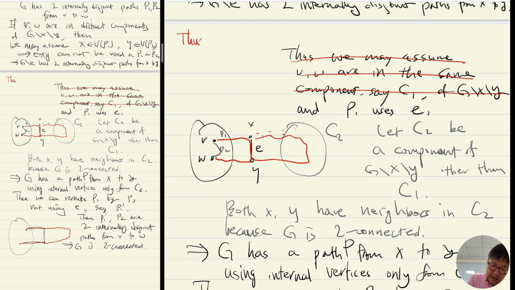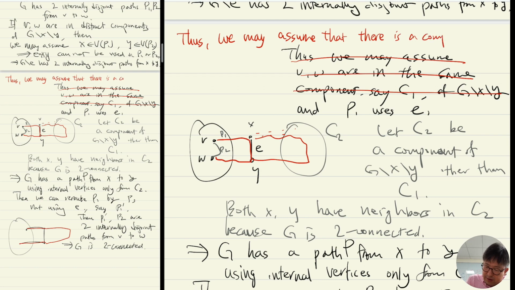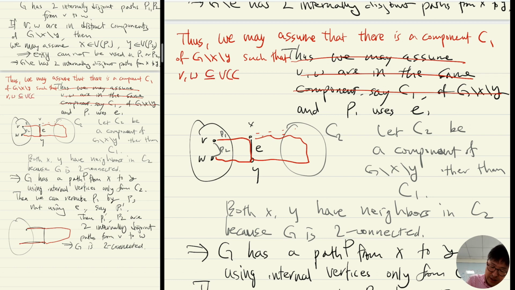So here, thus we may assume that there is a component C1 of G delete x delete y such that both v, w are in V(C1) union {x, y}. It is possible that x or y could be v or w, right? So this vertex v may be here or here. So I want to allow that. Okay.